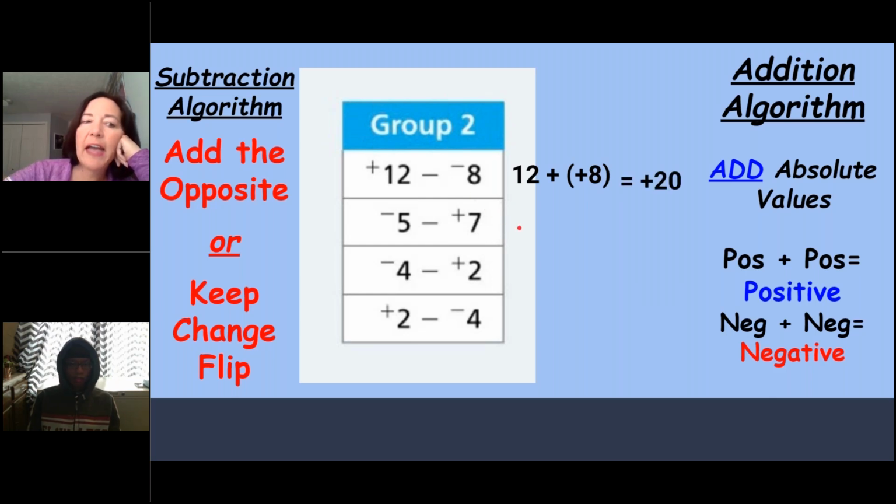Let's do the next one. Help me rewrite that using keep, change, flip, or add the opposite. Okay, so that's a -5 plus a -7. Awesome.